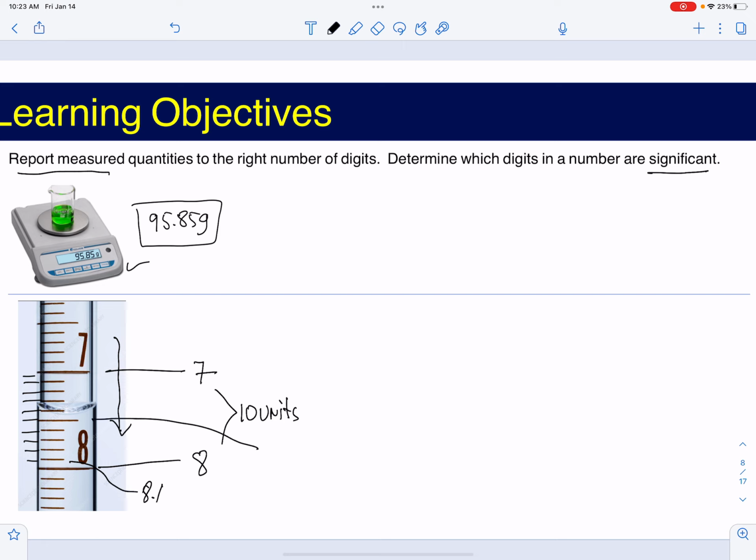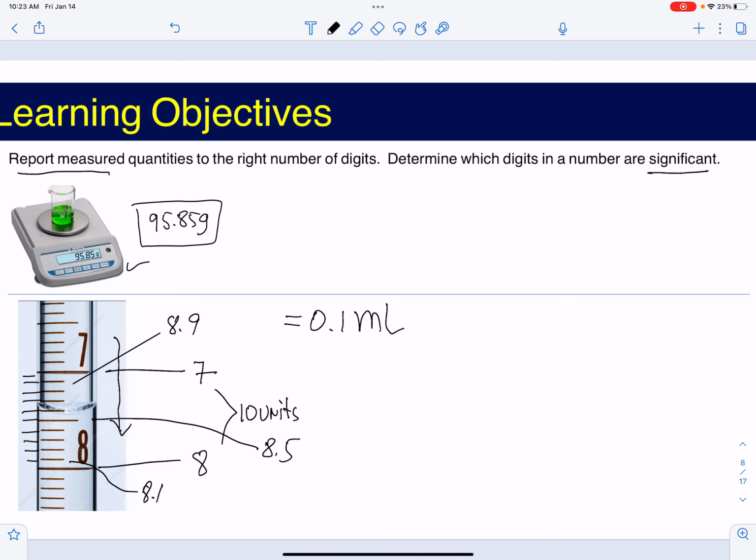This one is going to be 8.5. This one is 8.9. So I have determined that every line between the big numbers is going to be equivalent to 0.1. And I'm assuming we measure in milliliters because we measure in numbers.